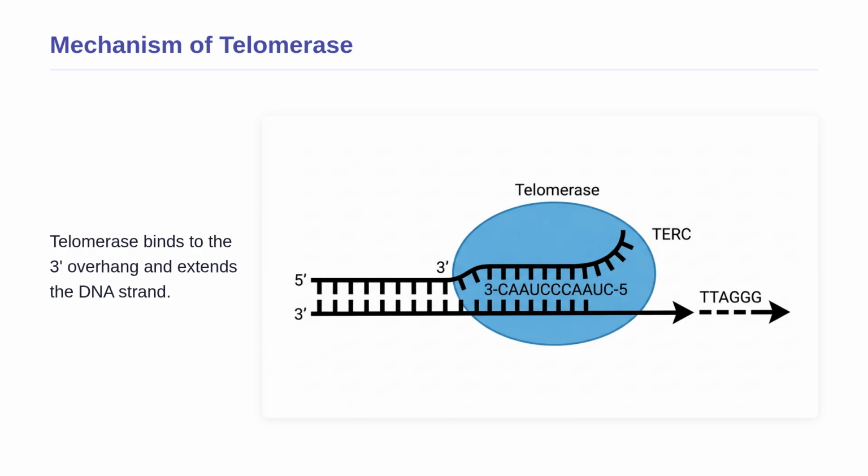Inside it, you can see the built-in RNA template, labeled TERK, which perfectly matches the DNA sequence. The enzyme uses this template to add new TTAGGG repeats to the 3' end, shown by the arrow on the right. This extension creates the necessary space for the DNA polymerase to finish its job.